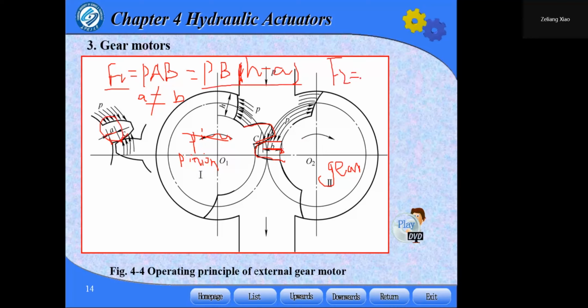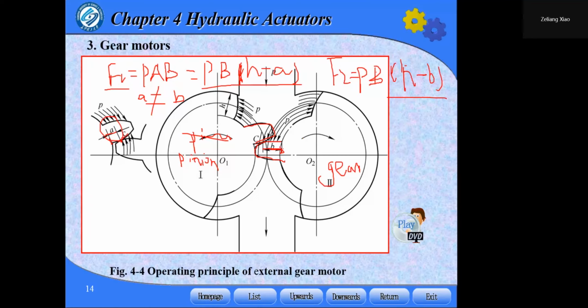The pressure is also P, multiplied by this width, and then multiplied by H minus D. H is the height of the tooth.